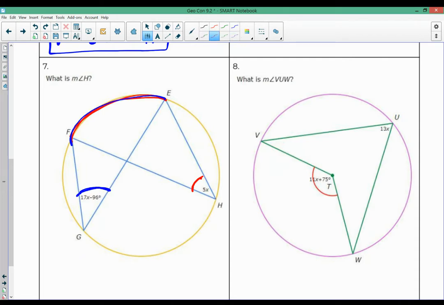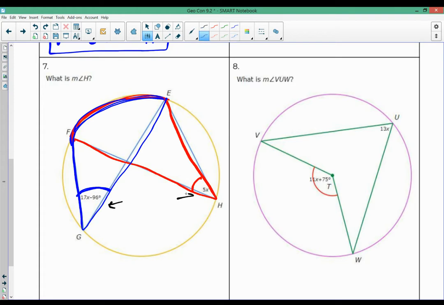I can tell because of the bow tie, the way that it looks. When I draw the angle out fully, you see that sector there? I draw that out fully, I see that there too. So they both intersect the same arc. So that means that they are congruent.